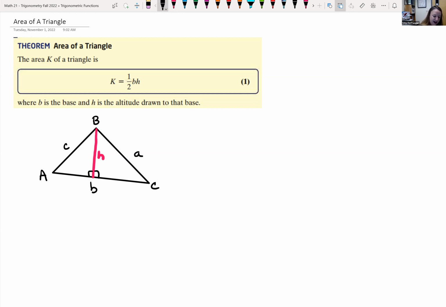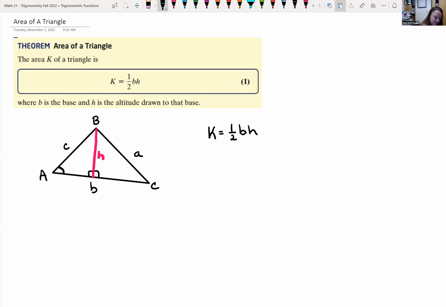So the area K here is equal to 1/2 times our base, which is B in this case, times the height. Well, let's look at finding that height. So let's look at angle A. So this left triangle, angle A, opposite of A is H. And so let's look at using sine.